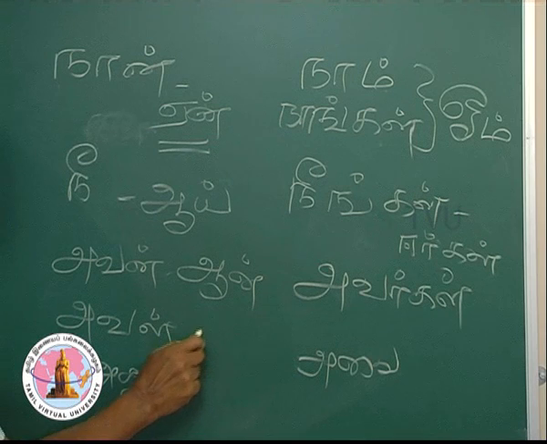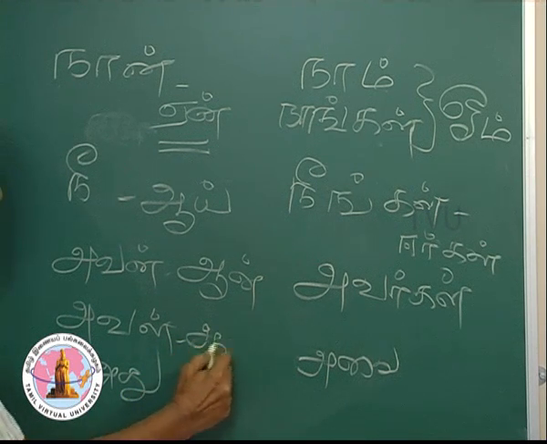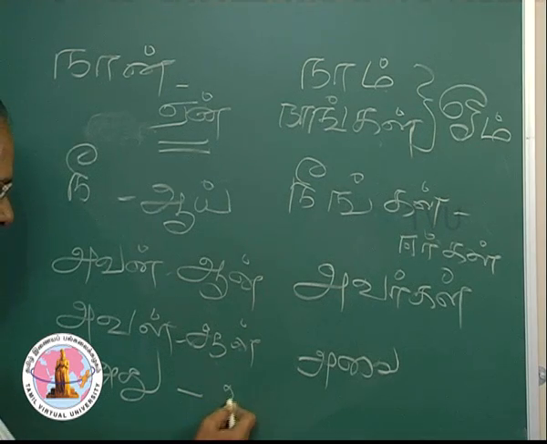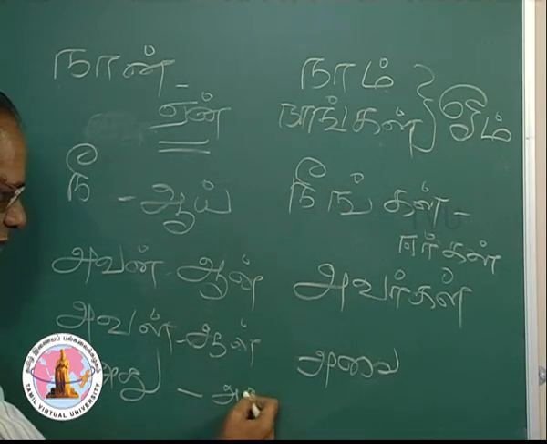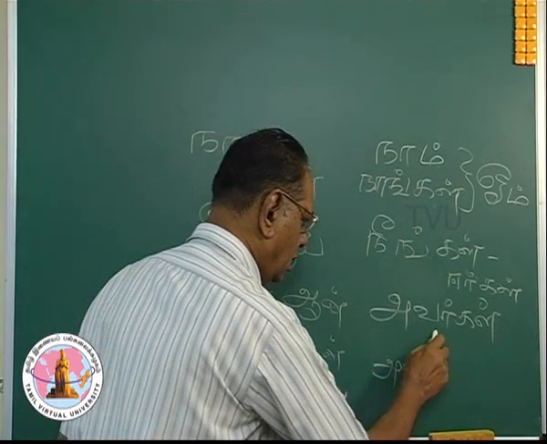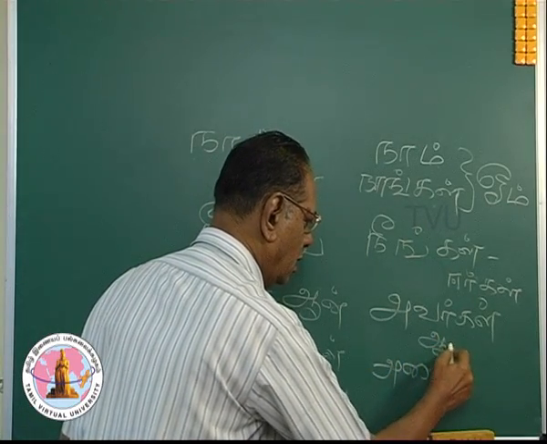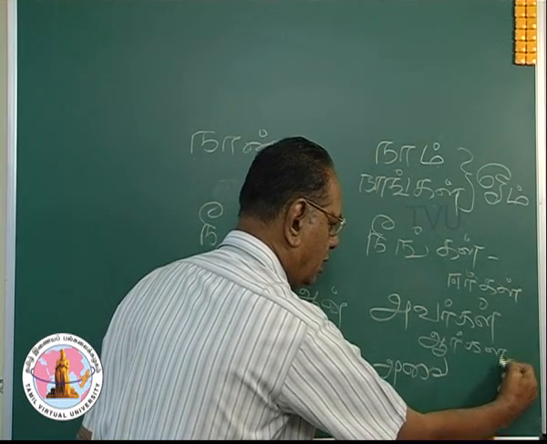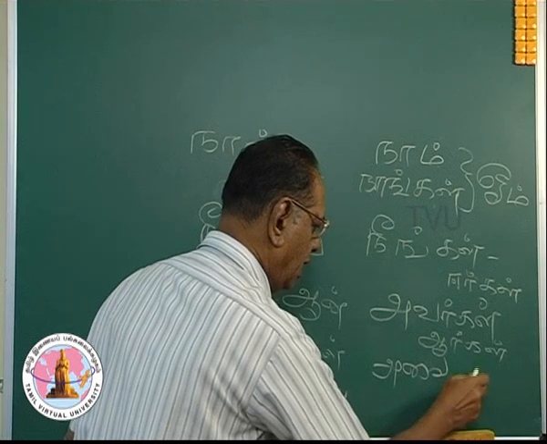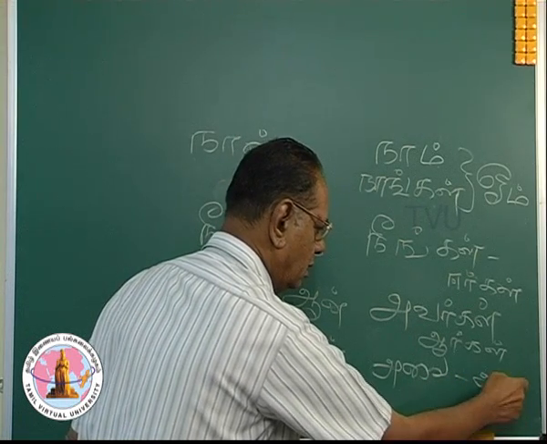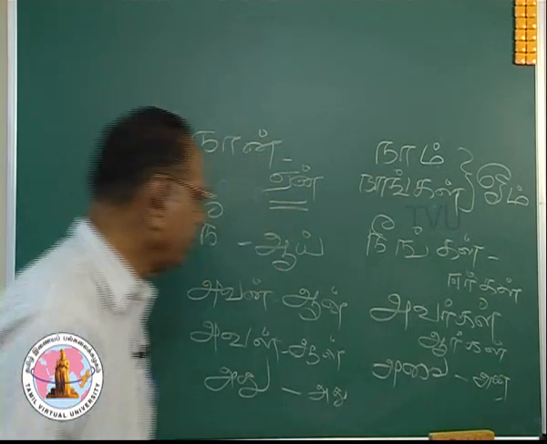For aval, it will be ஆள். For adu, it remains the same, adu. For avargal, it is ஆர்கள். For avai, it will be அன. We will discuss them later.